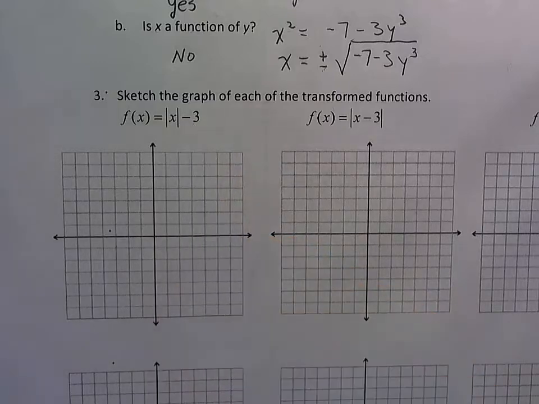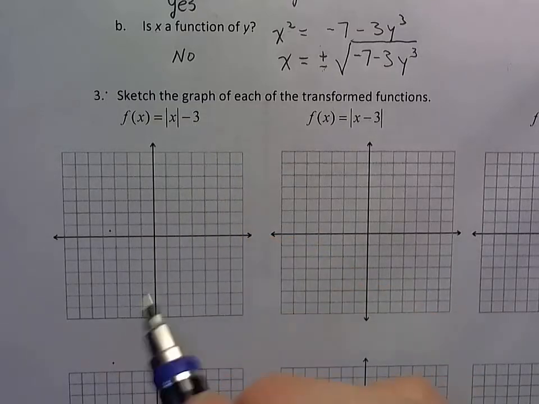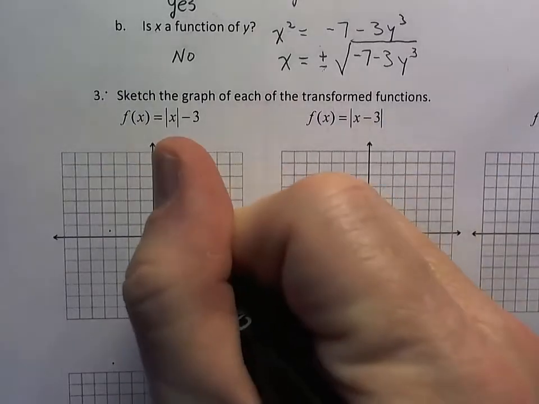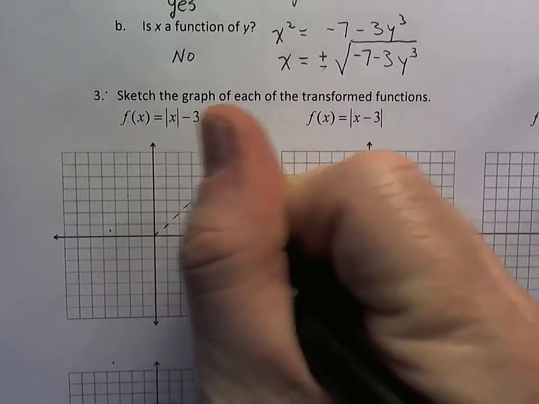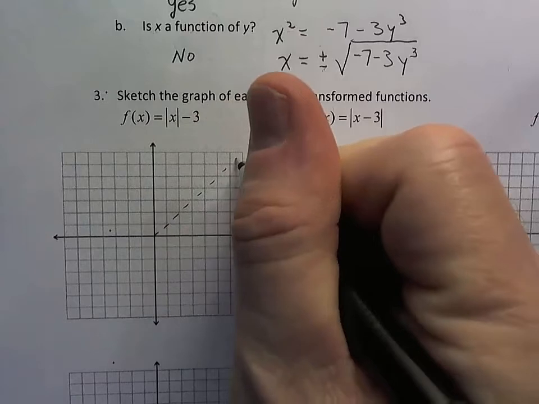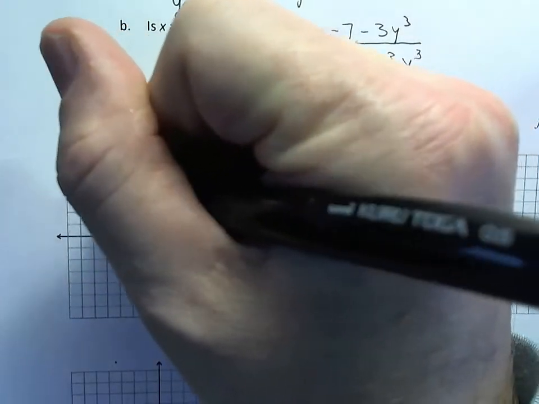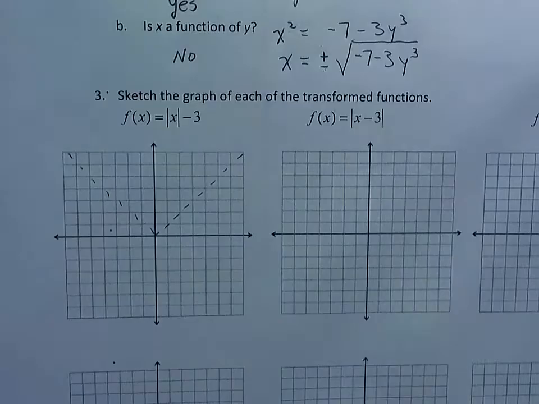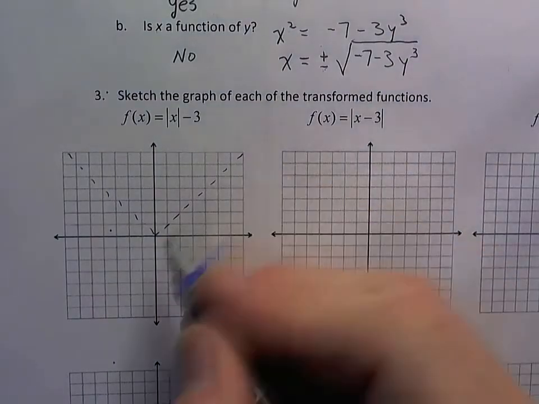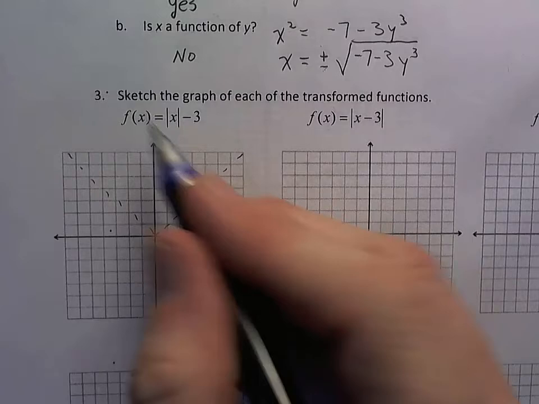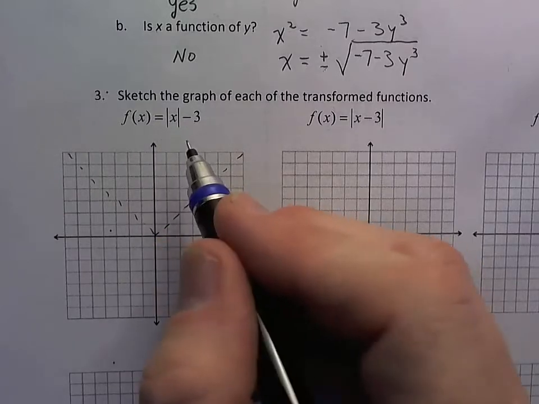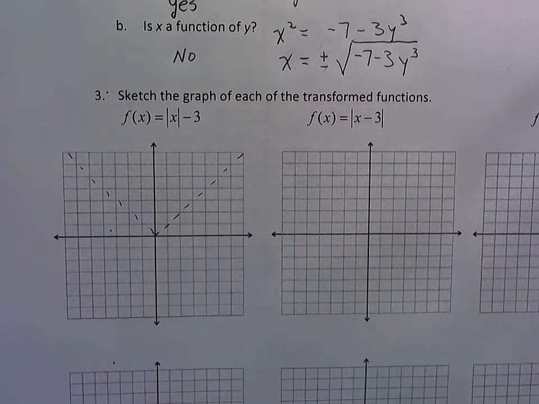Or in other words, all the y's are being reduced by 3. So I'm going to just do a rough sketch of the parent function. Here's the absolute value. That's the parent function. That's if we didn't have any shifts at all.